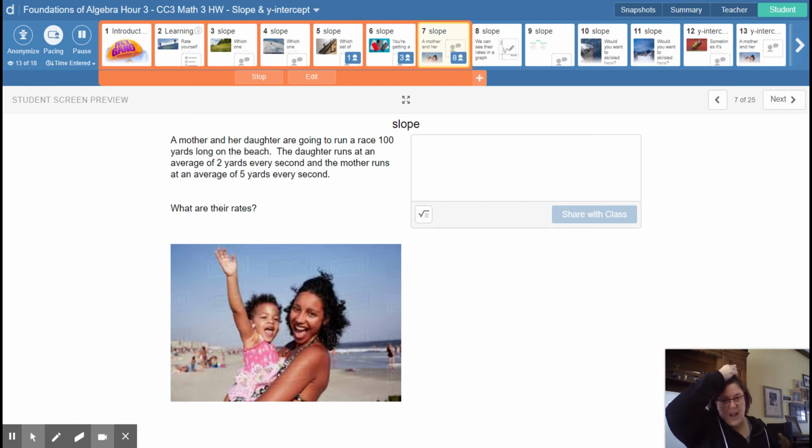The daughter runs at an average of 2 yards per second, and mom runs an average of 5 yards per second. Two yards per second and 5 yards per second. So what are their rates?